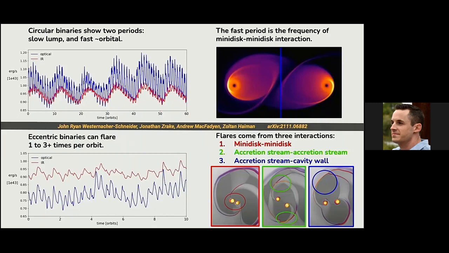We did a large suite of simulations in this paper here, and the range of lump periods was between something like 5 to 10 orbits. There's also a lot more going on than is usually discussed about the lump. There are multiple flow patterns that can propagate along the cavity wall, and what the lump actually refers to is ambiguous, but I don't have time to get into that.